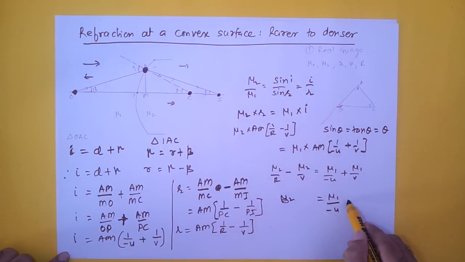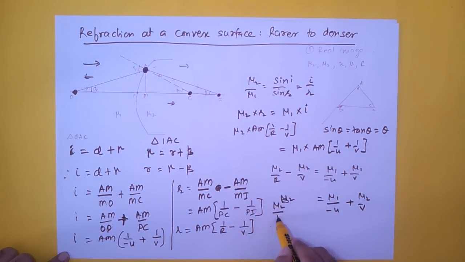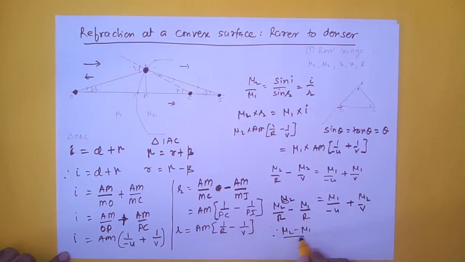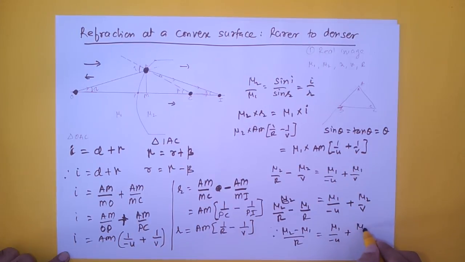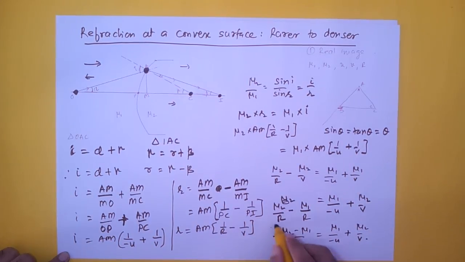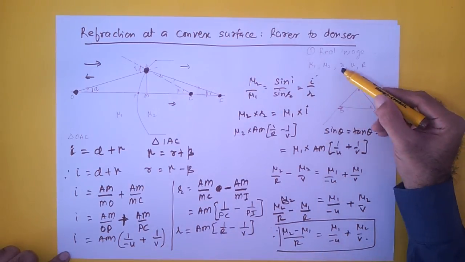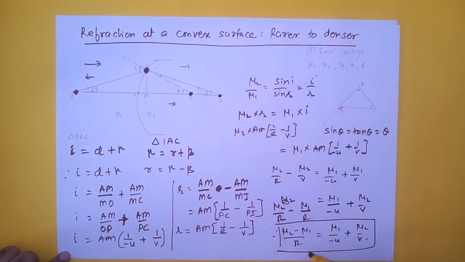I'll shift this on this side, so I'll get plus mu2 upon v is equal to mu2 upon R minus mu1 upon R. Therefore, mu2 minus mu1 upon R is equal to mu1 upon minus u plus mu2 upon v. And this is the relationship that we are looking at, relationship between mu1, mu2, u, v and R.